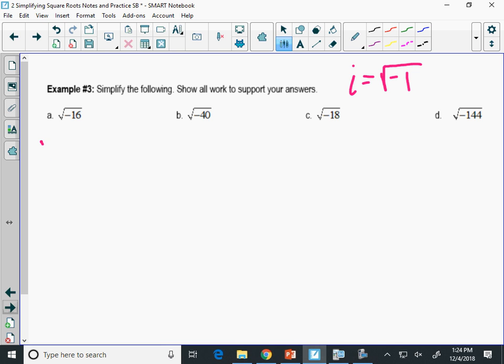So I'm going to rewrite this as the square root of negative 1 times the square root of 16. Well, what is the square root of 16? 4. What's the square root of negative 1? It's i. So you have i times 4. However, the convention is we don't really write i4. We typically write that as 4i. Right?